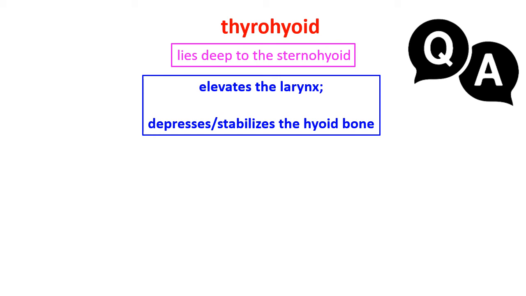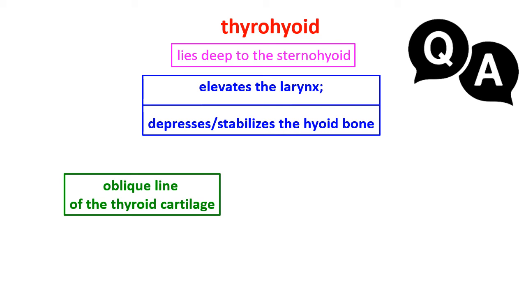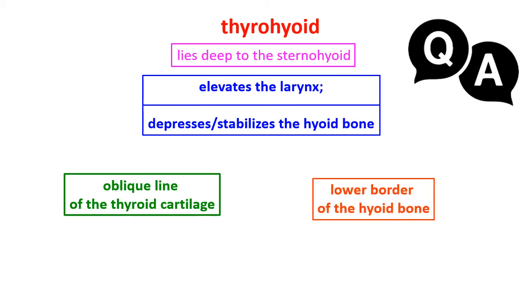It elevates the larynx, depresses and stabilizes the hyoid bone, and it comes from the oblique line on the outer surface of the thyroid cartilage and goes up to the lower border of the hyoid.